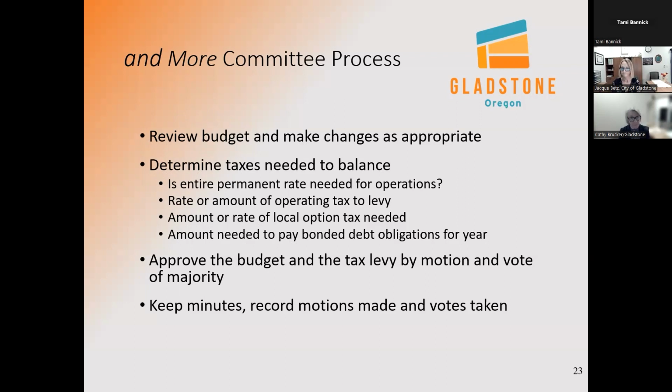We do have debt obligations, but they're called full faith and credit, so they are automatically built into the budget and payment is appropriated right off. Then you will approve the budget and the tax levy by motion and vote of majority. We will keep minutes, record motions, and votes taken. Next slide.